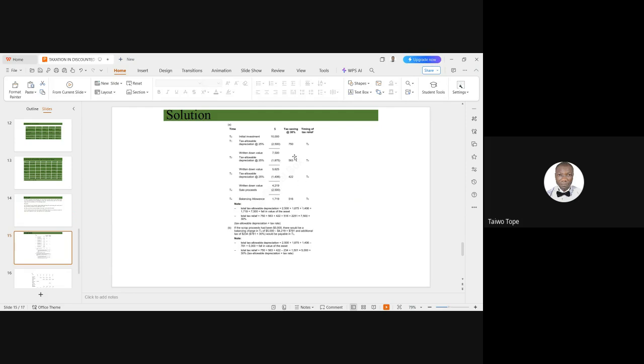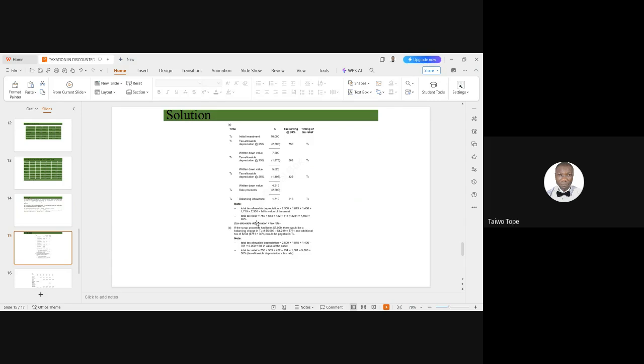Take note, the tax values are paid in arrears. In arrears means that of year 1 we pay in year 2. So note the following: total tax allowable depreciation is 2,500 plus 1,875 plus 1,406 plus 1,719. You have 7,500. This is the depreciation, that is the fall in the value of the asset.